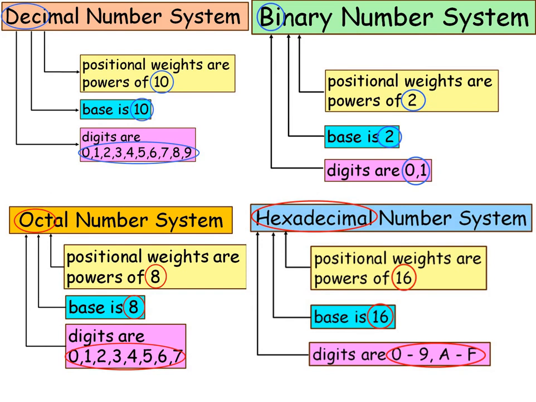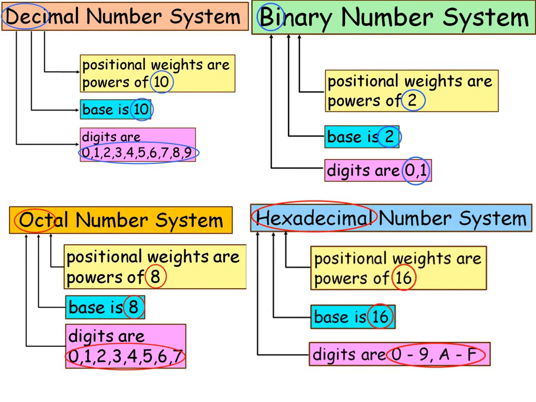The decimal number system has positional weights, powers of 10, its base is 10, and there are 10 digits in total, 0 to 9. In the binary number system, the positional weights of the digits are powers of 2, its base is 2, and the digits are 0 and 1.